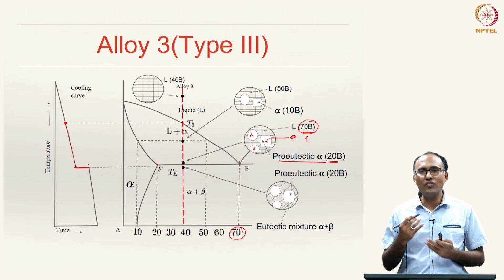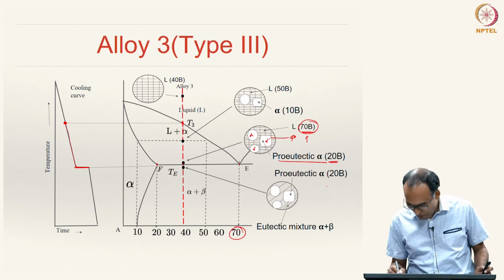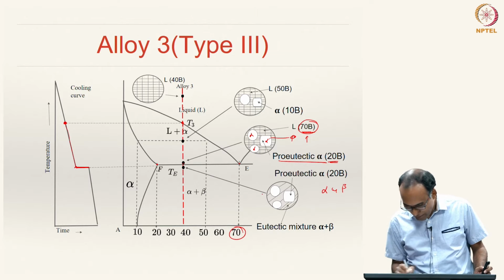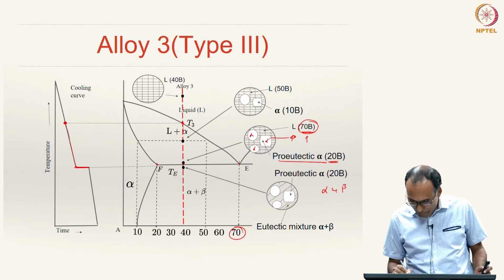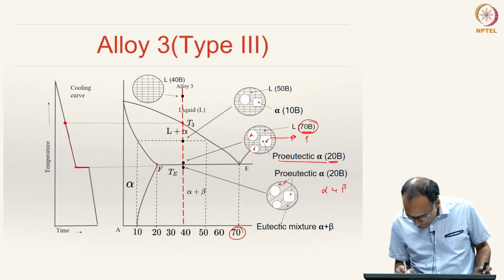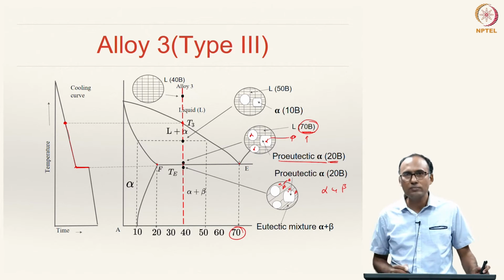So, alternate layers of alpha and beta. The two phases will be alpha and beta, and it becomes alternate layers of alpha and beta. Let us say this is alpha and that is beta. So, this is alpha, beta and so on, right.